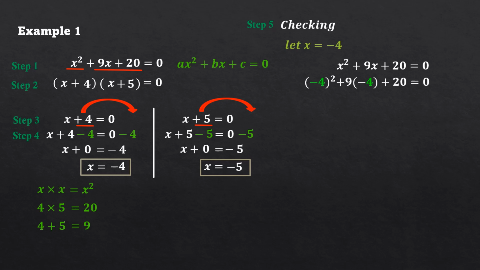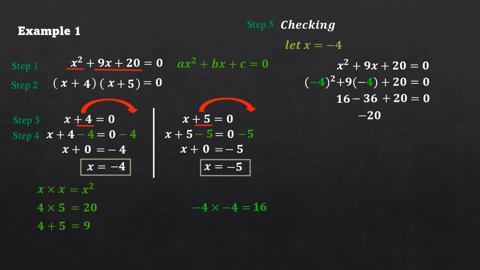Let us simplify. Negative 4 squared, negative 4 times negative 4, is equal to positive 16. Then, 9 times negative 4 is equal to negative 36, plus 20 is equal to 0.